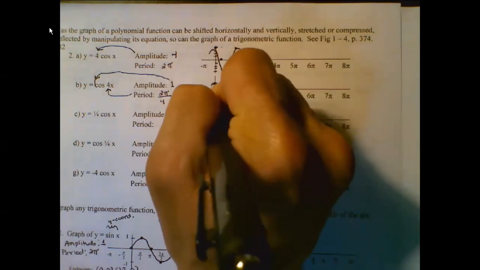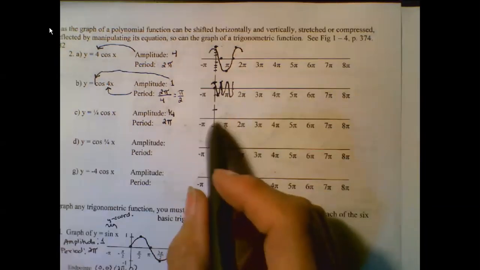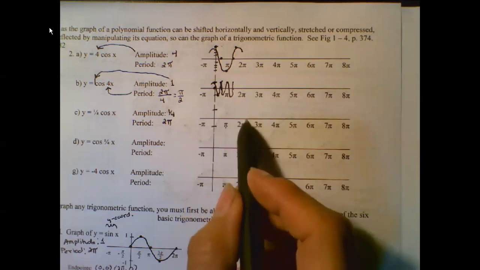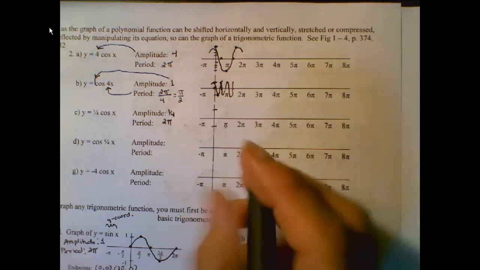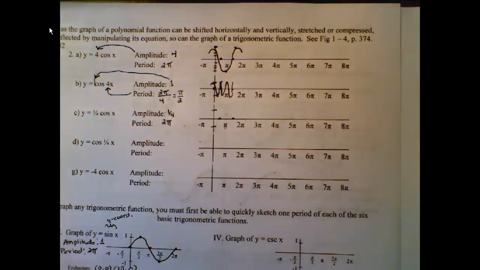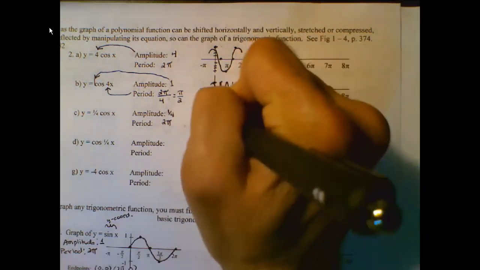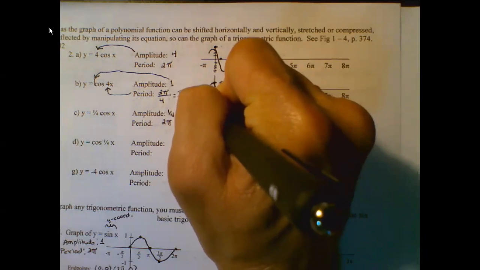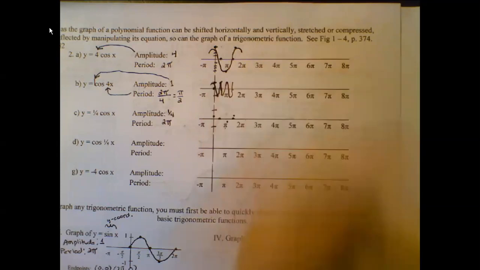So this graph is only going to go up to 1/4 and down to -1/4. And it's going to take the whole period of 2 pi to do that. In other words, its x-intercepts are still the half pi's. But at the whole pi's, it's going to hit +1/4 and then -1/4 and then back to +1/4.